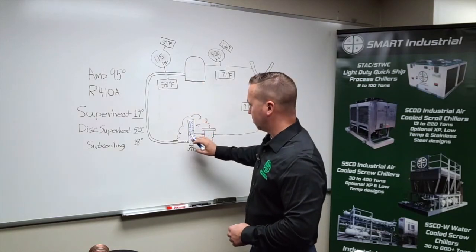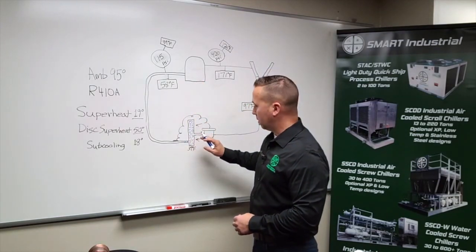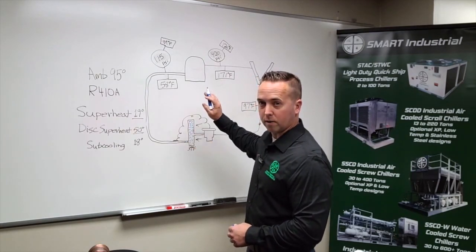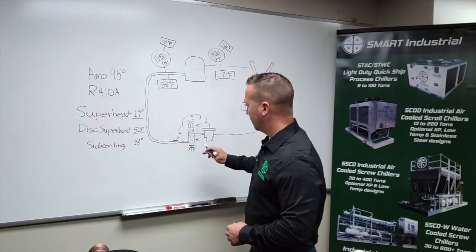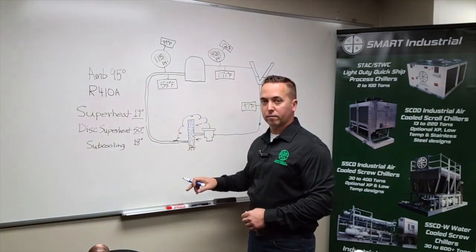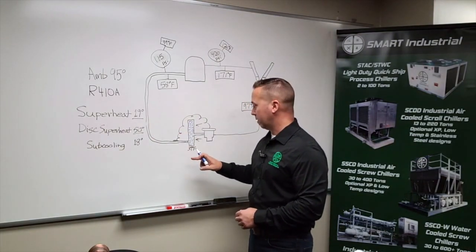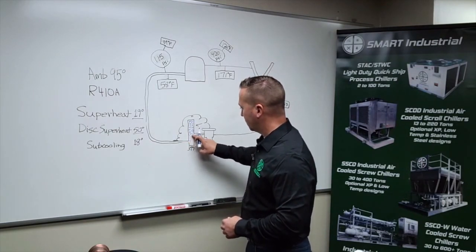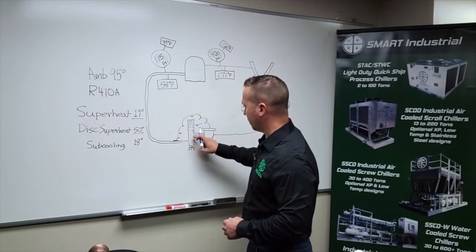So superheat is important to us because knowing that that vapor exists and not liquid will keep our system running for many years. Now, what does it look like if I have superheat within my evaporator? Well, that means that my refrigerant boiled off somewhere around the middle of the evaporator.